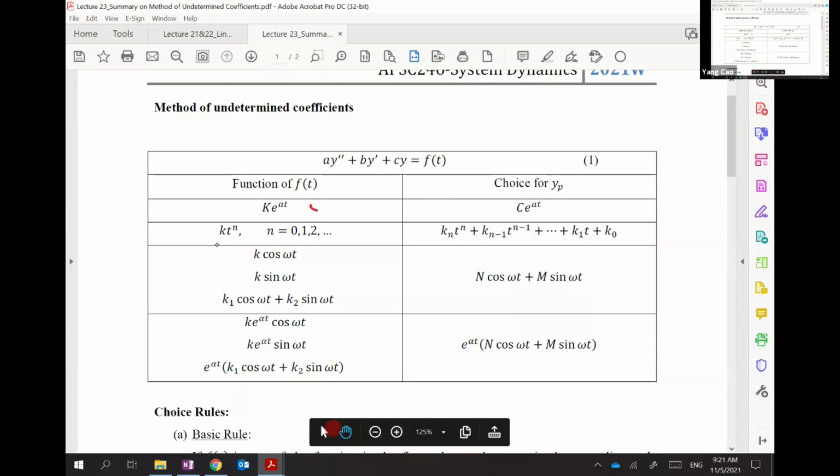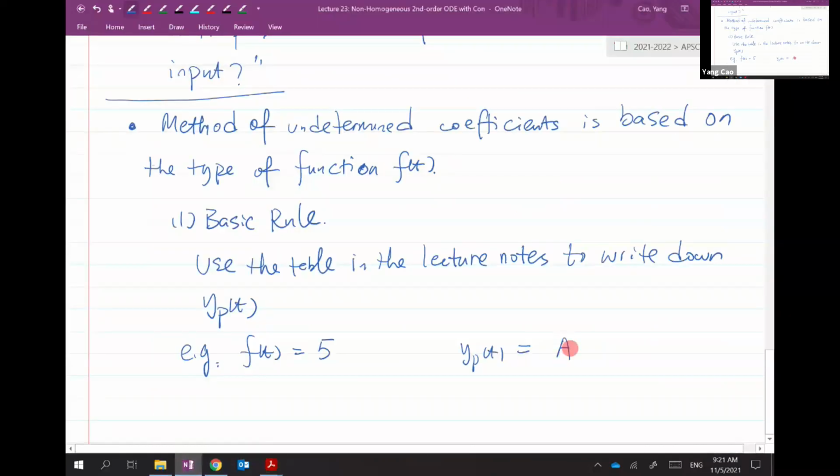Where does the A come from? It comes from the second one here, with n equal to 0, that's a constant. When n equals 0, you only keep one constant, called k naught, but you can certainly use any symbols you want.